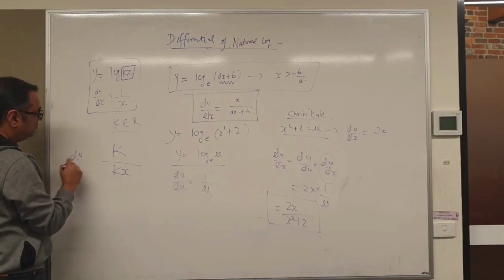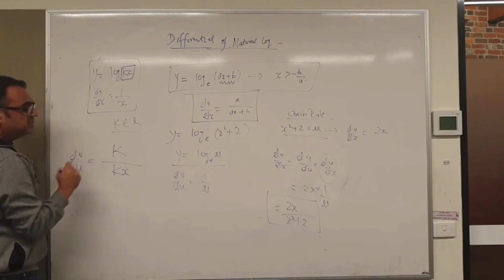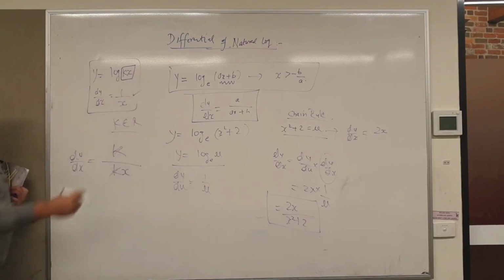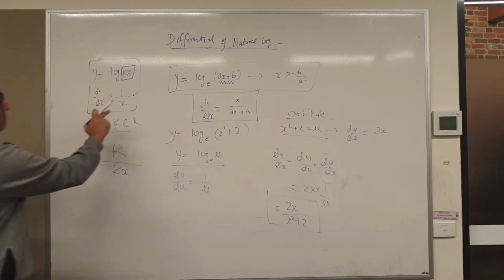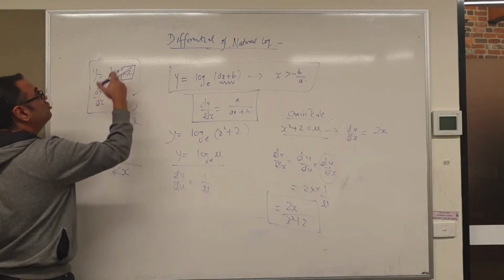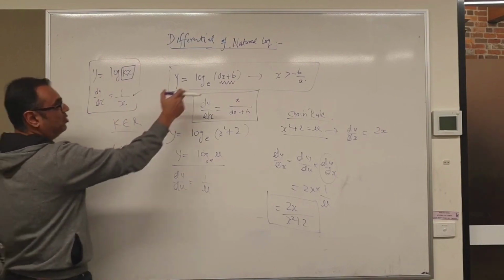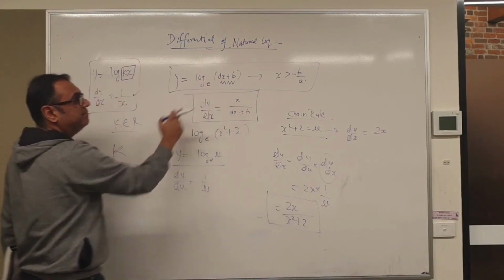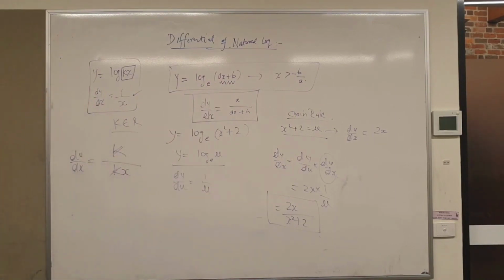That's dy by dx of log x, correct? And you cancel x by x. That is why 1 over x is the answer. Does that make sense? So everything has a reason. Why is y equals log x giving 1 over x? Because that's the rule working behind it. All good?